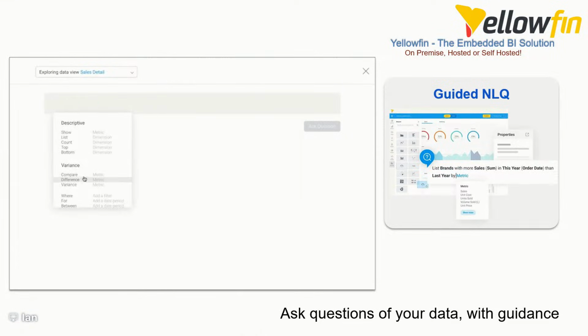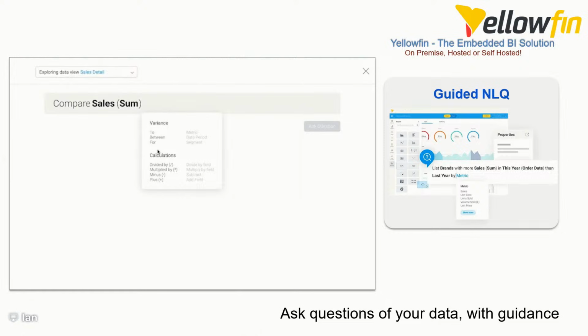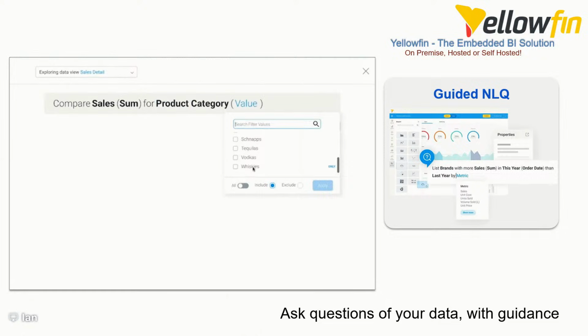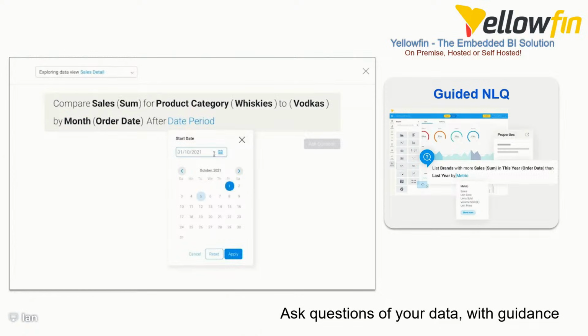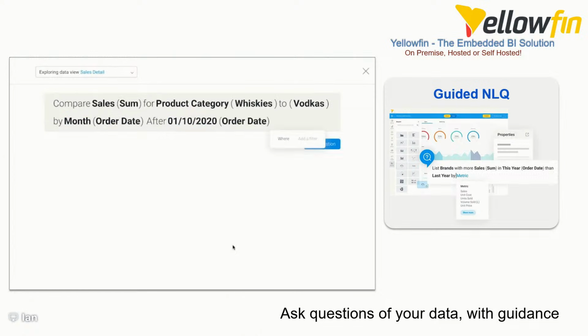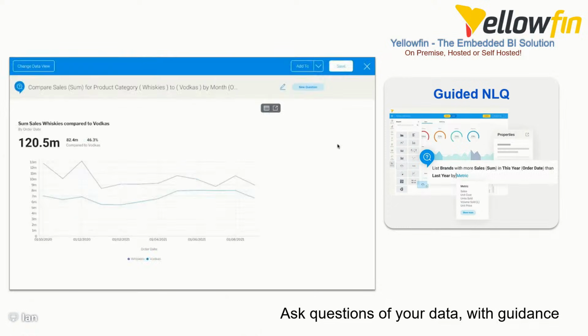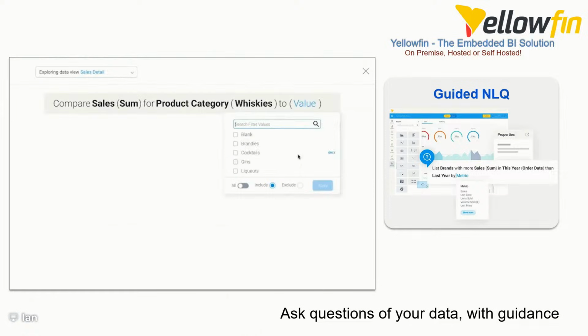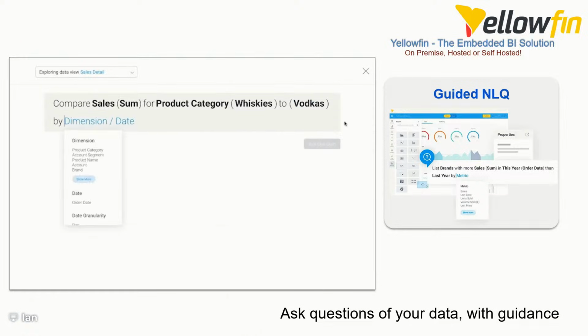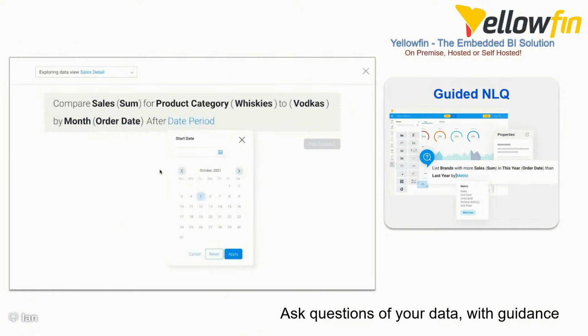And more importantly is this. This is the thing I was talking about early on, which is the guided NLQ, natural language queries, except you don't have to get it right by asking the right questions. The guided NLQ will help you ask the questions by guiding you through what it thinks a good next choice will be. That's probably the best way of putting it.